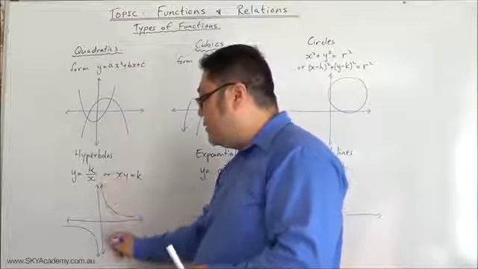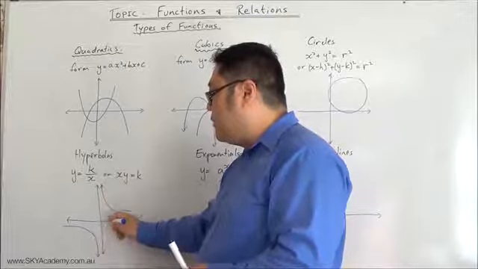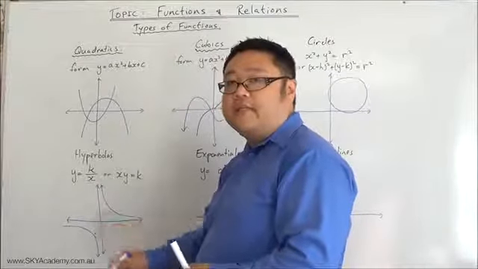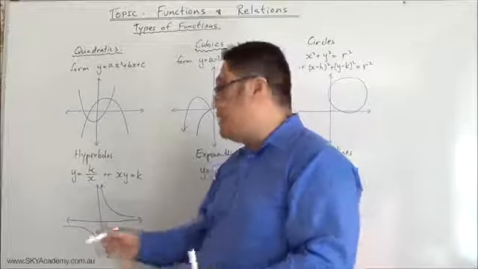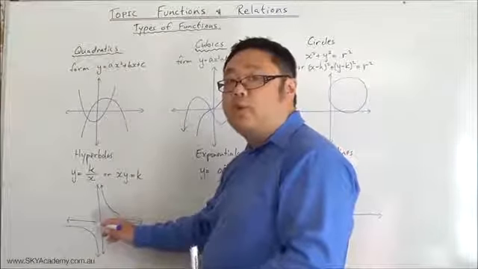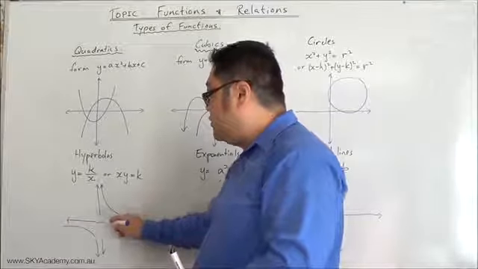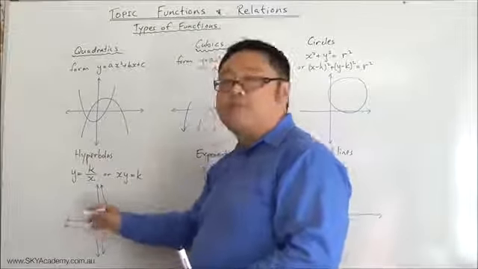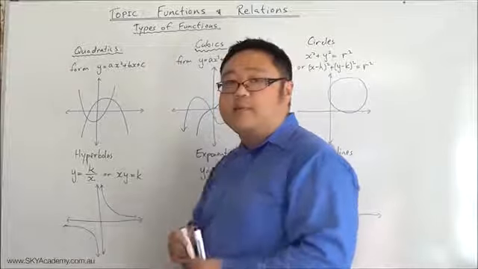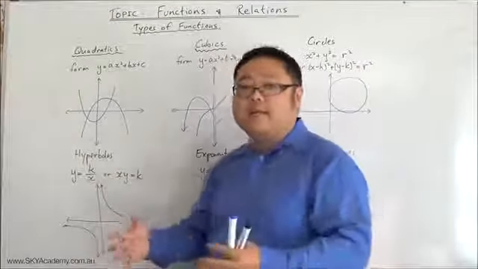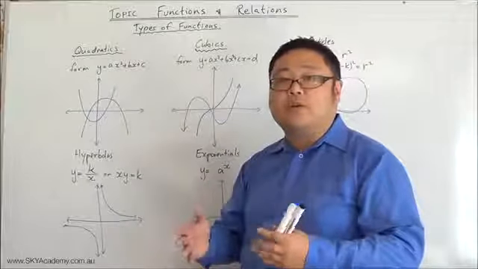At the point where x equals 0, the value of y is undefined. There is no value of y at x equals 0. Likewise, the same is true for the x value: there is no defined x value for y equal to 0. The x-axis and the y-axis in this case are what we call asymptotes.